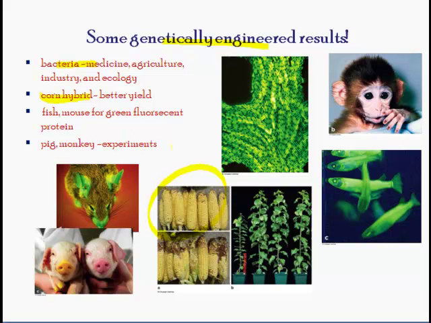Fish and mouse, for example, have the green fluorescence that you see. I've actually bought fish from Pets West in the local Sierra Vista store that have the green fluorescence in them. And the pig and the monkey experiments that you can see over here also indicate genetically engineered organisms. So this is just a little bit of vocabulary that I introduced to you quickly towards these terms.